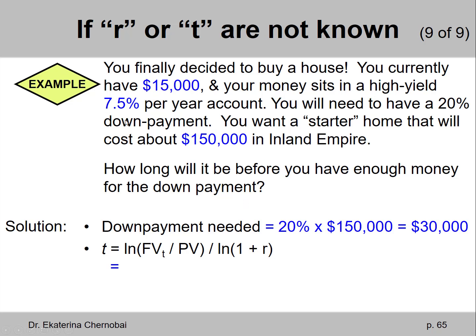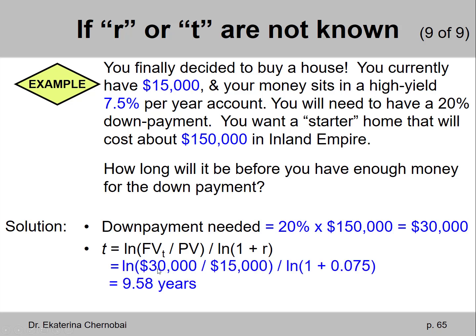And you know that the $15,000 that you have now will be increasing at the rate of 7.5% every year. To figure out the number of years that it will take for your money to grow to 30,000, you can use the formula to find the T, which will give you 9.58 years.